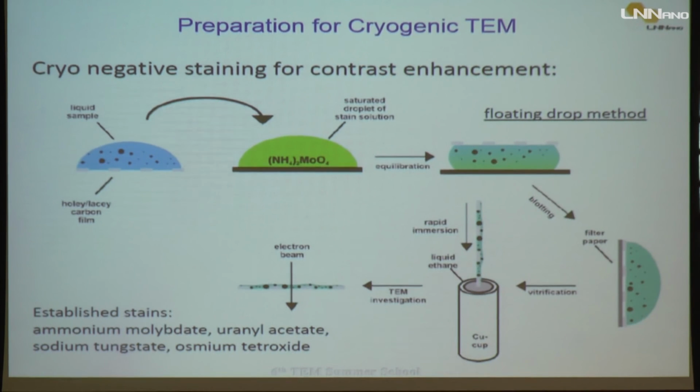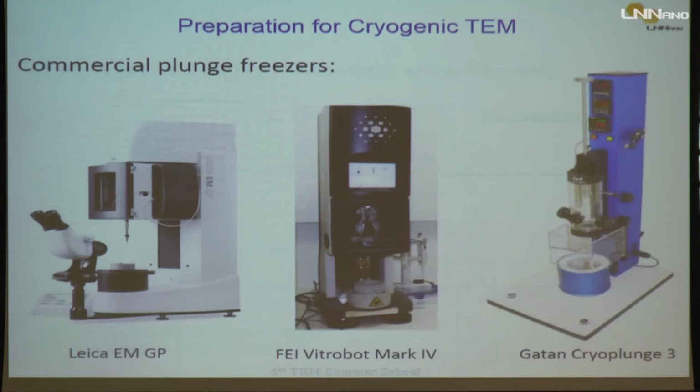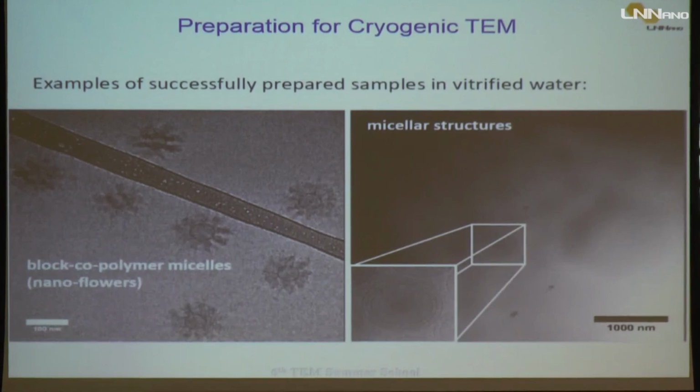You just mix the staining solution with your suspension, and then your particles will be stained with this kind of stains here, okay? And repeat the same procedure of cryogenic preparation, okay? Here are some commercial instruments that you may acquire.